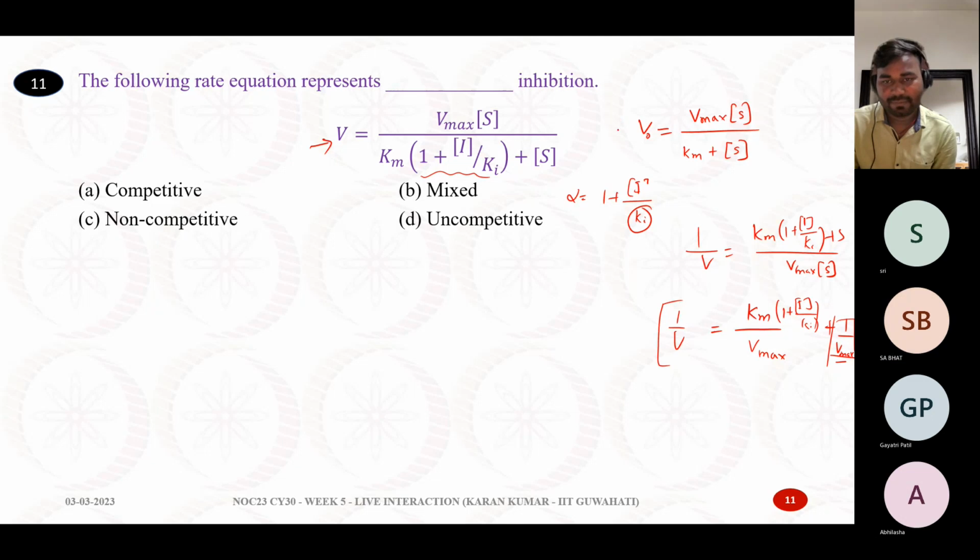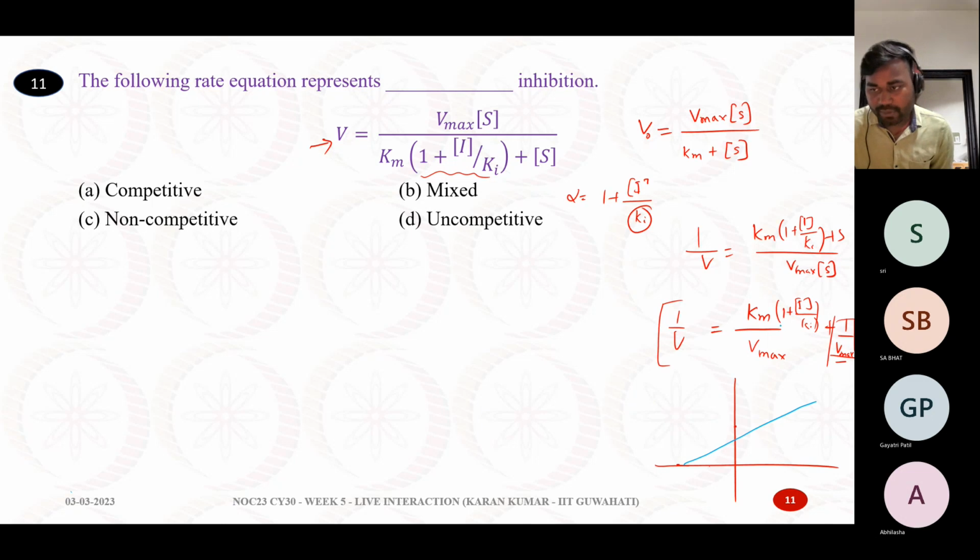One second, sir. If you plot this, what will be the result? The result will be a change in Km, right? So in the normal case, let me take another color. Okay. This is without inhibitor.